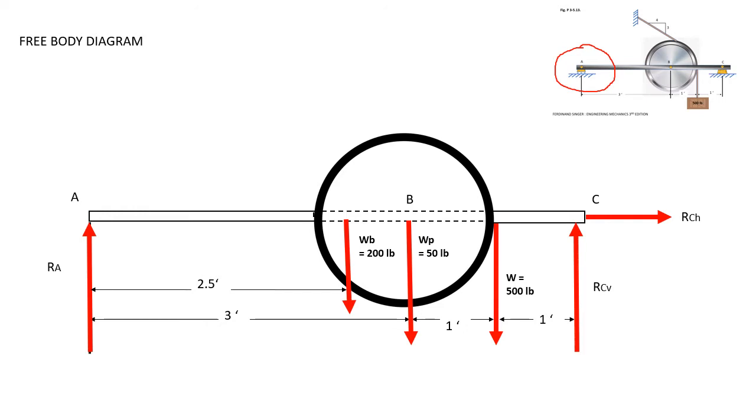So since in this case we have a horizontal plane, therefore we have a vertical reaction force at A. So it is perpendicular to the horizontal plane. So we assume that the reaction force at point A is pointing upward. So no worries, because our solution will correct us if our assumption is wrong.